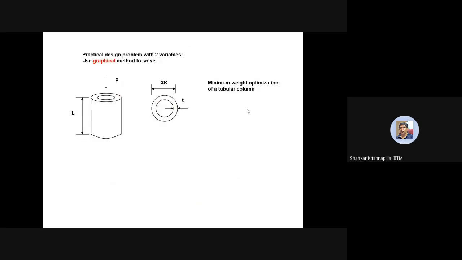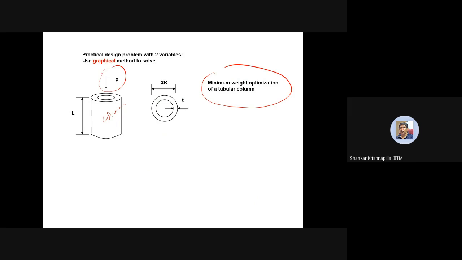So first is minimum weight optimization of a tubular column. You can see a column here. A column is like a pillar, where the axis is in the vertical direction.